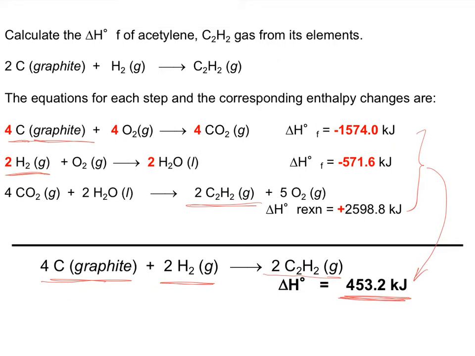But our target reaction is 2 carbon with 1 hydrogen produce 1 mole of acetylene, C2H2. But we have 2 acetylene. So therefore, we need to divide this reaction by 2. And what do we do to the enthalpy? Yes, we divide it by 2.